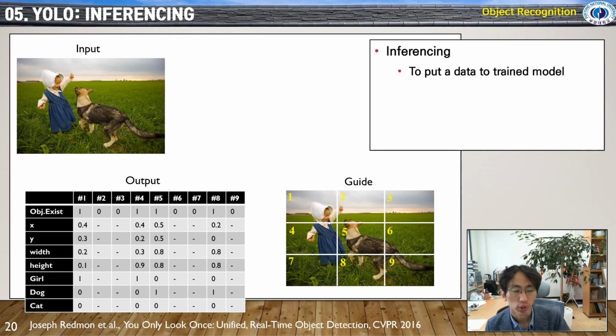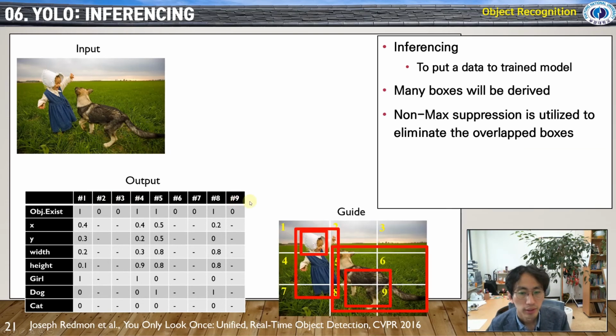separate the more important information from the less important information. So there are many boxes. Our information appears here, and all the boxes are assigned to the cells, cell number 1, 2, 3, 4, 5, 6, 7, 8, 9. We have lots of boxes, and I drew only 4 boxes, and as you see, some boxes are overlapped.